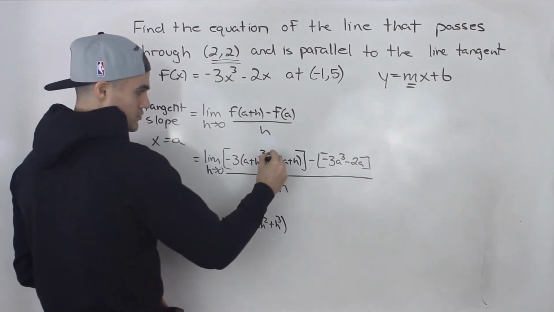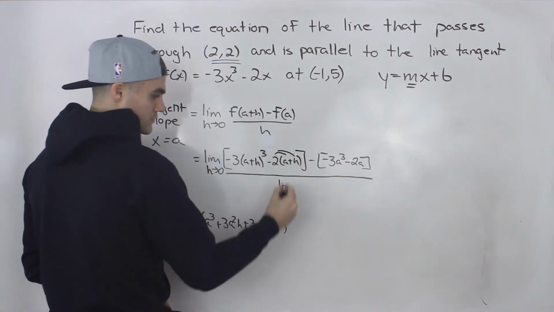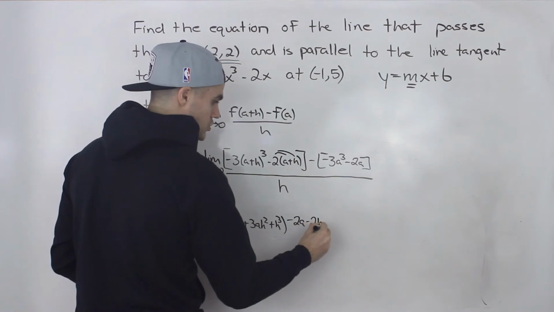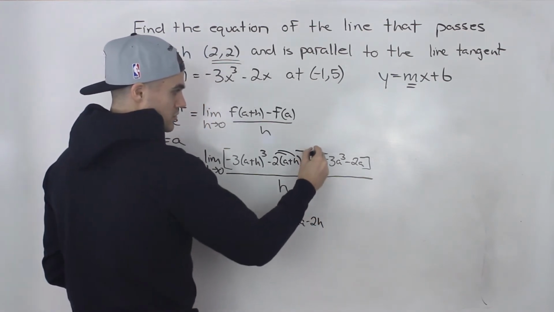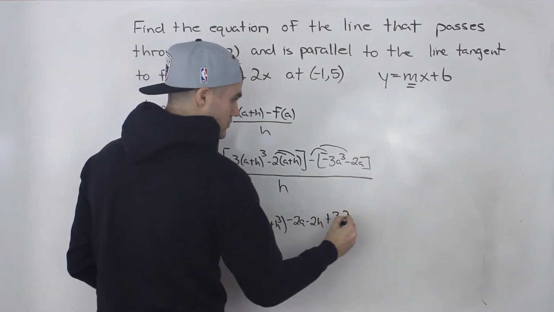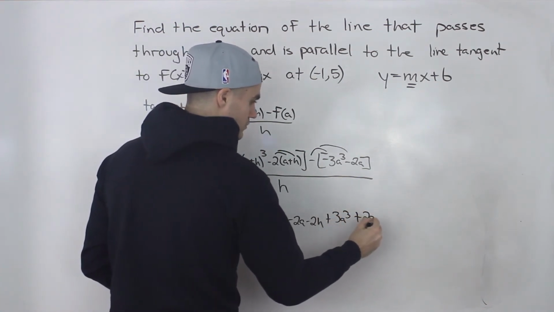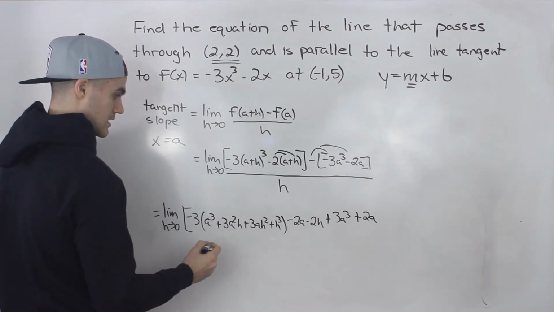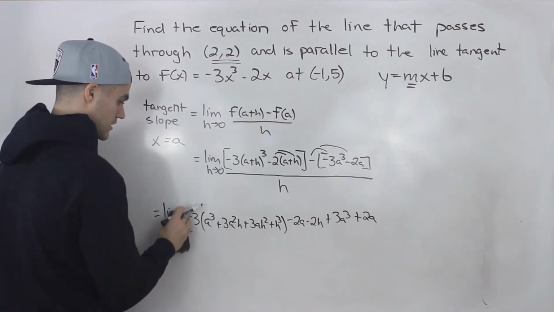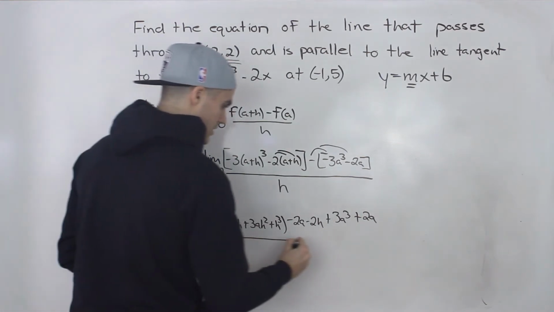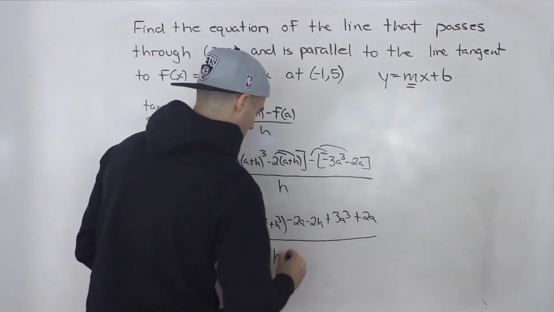And then we're going to distribute that negative 2 inside the bracket, so we'll have minus 2a minus 2h. And then let's distribute the negative inside this bracket, so we'll have positive 3a cubed, positive 2a. We don't need the square bracket anymore. This here is going to be all over h.